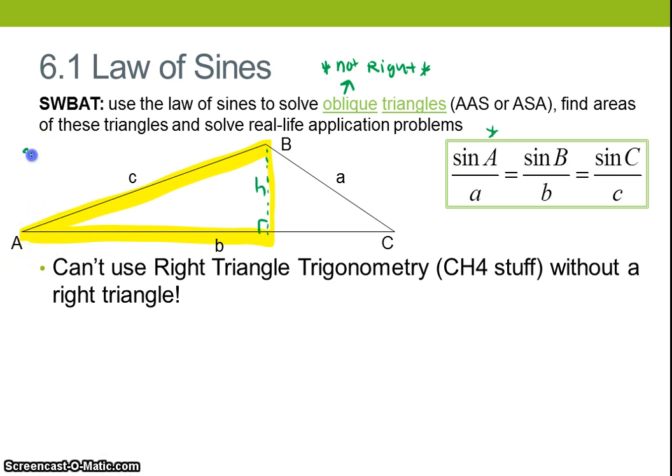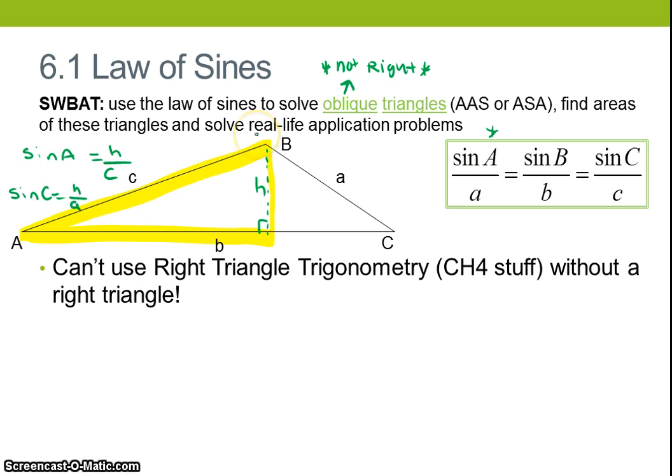I know that the sine of angle A, using SOHCAHTOA, is opposite over hypotenuse. Okay, so doing the same thing with angle C, the sine of angle C is opposite over hypotenuse, so H over a.